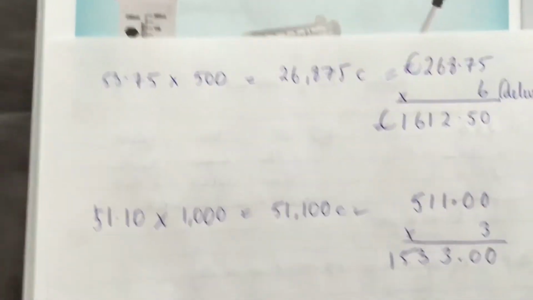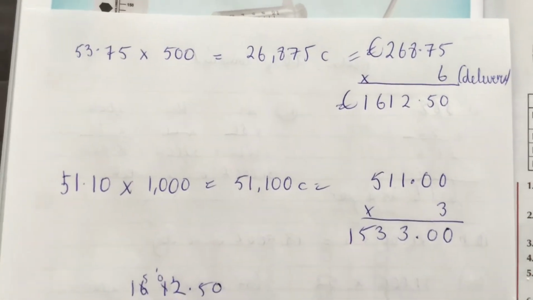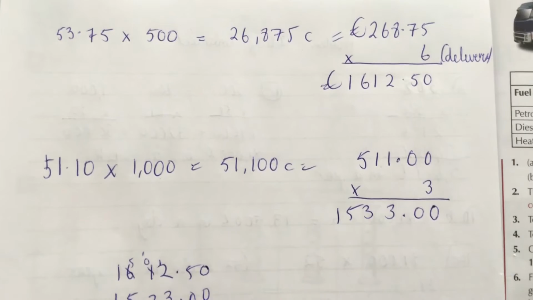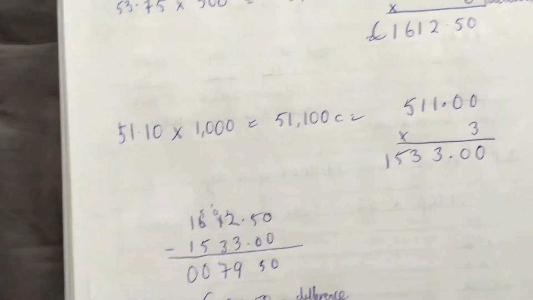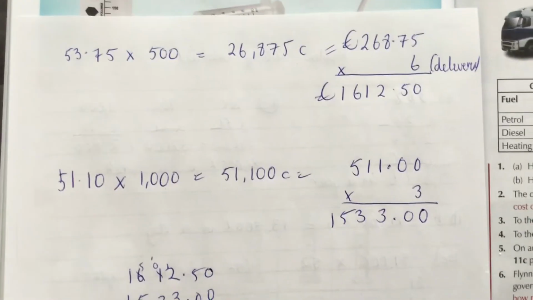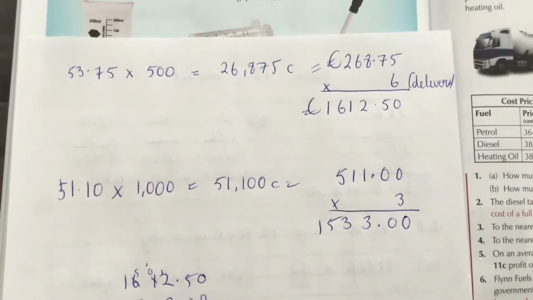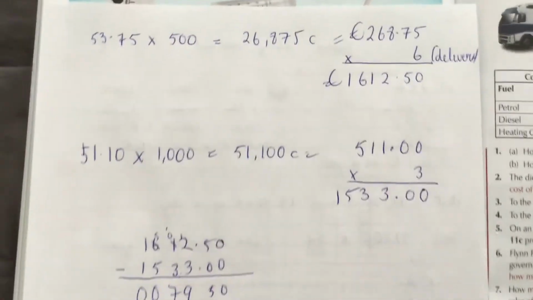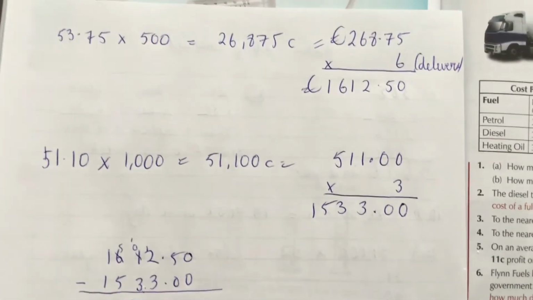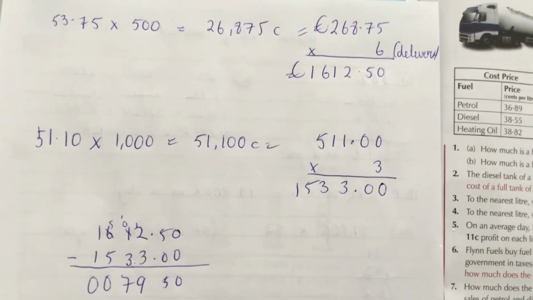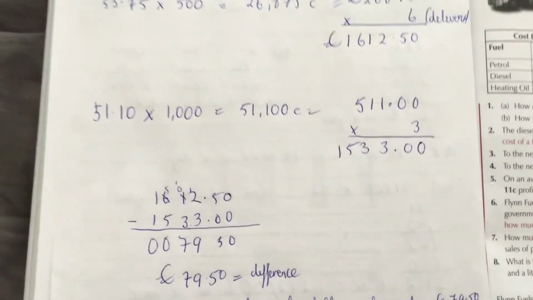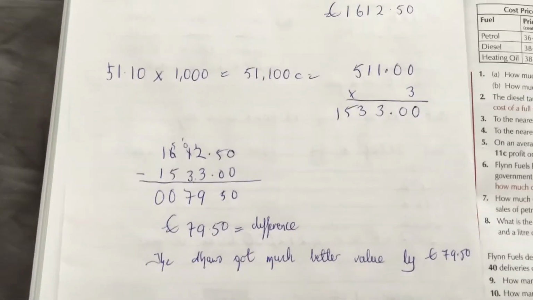Here, look. So this is clear: 53.75 multiplied by 500, and I got 26,875, and then I got 268.75 multiplied by 6, and that's €1,612.50. And I should have put the comma between the 1 and the 6 to denote the difference between thousands and hundreds.